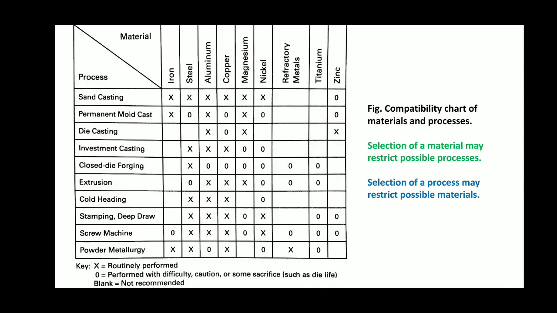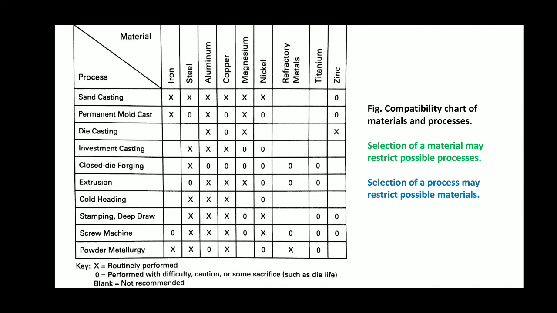In this particular chart, we have just shown some compatibility charts for materials and processes. As you can see, definitely the selection of a material may restrict the possible processes. Here it is not only about forging, we are discussing different processing methods. Sometimes the selection of a process may restrict possible materials.